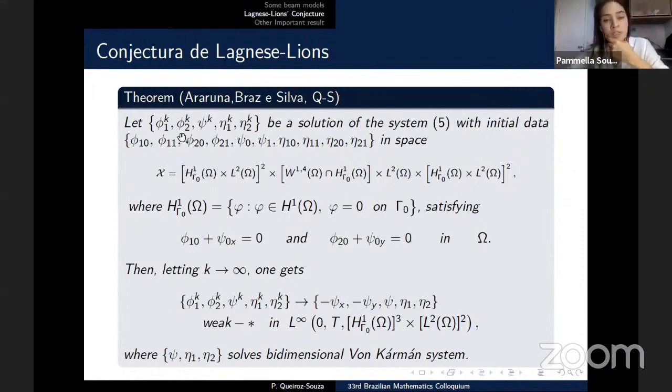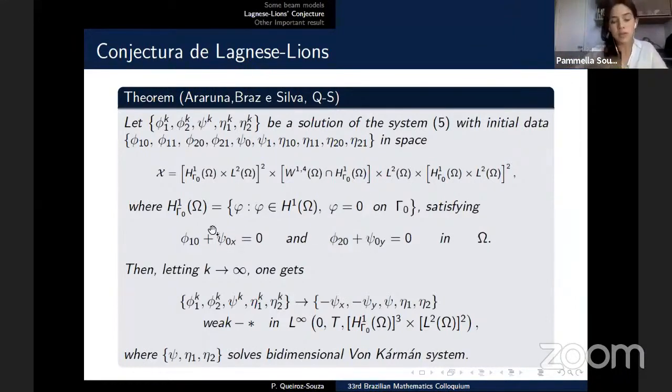Let phi1, phi2, psi, eta 1 and eta 2 be a solution of the bidimensional nonlinear Mindlin-Timoshenko system with initial data in an appropriate space. And more, we need the initial data to satisfy two conditions.